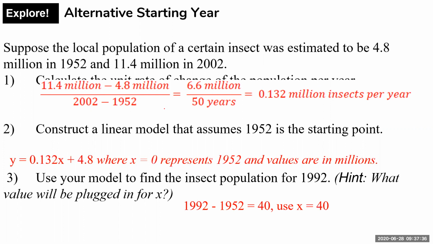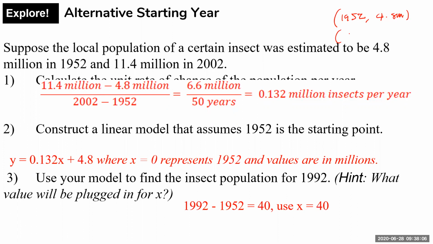You have to find that and then use the model to find the insect population, and then we will look at that. So here we are looking at what we looked at originally, right? It says that the local population of a certain insect was estimated to be 4.8 million in 1952. So really you have to do 1952, and this is 4.8 million, right?